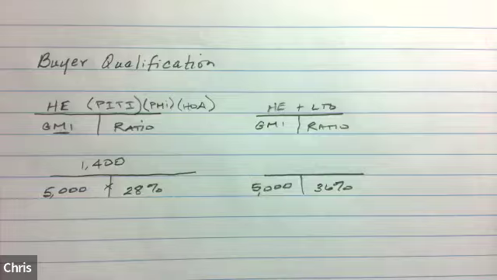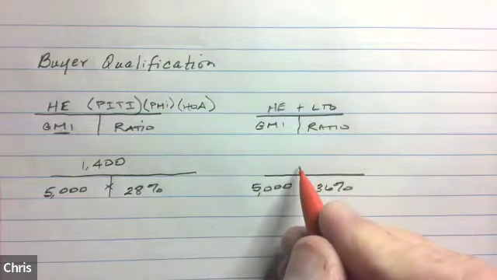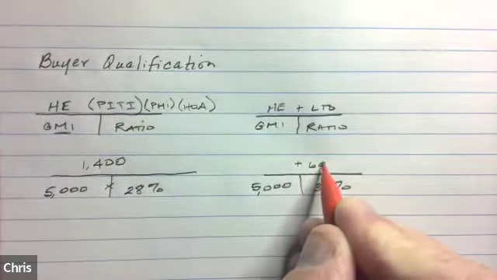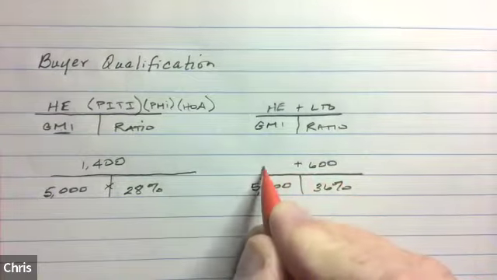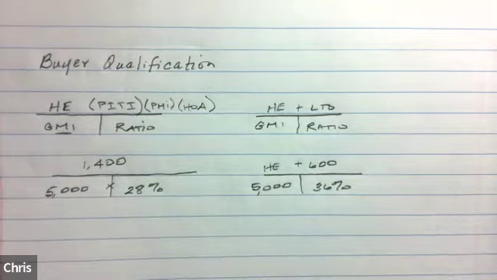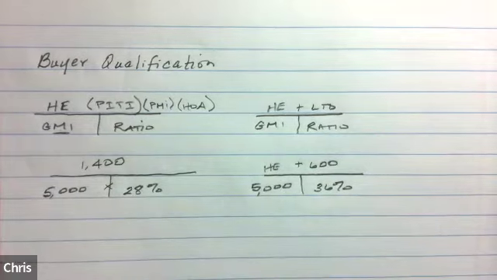Let's say in this particular case that this person has $600 a month in long-term debt. Maybe it sounds to me like a car payment and a student loan payment. So down here, if we were looking for the housing expense, we would have something that ultimately looks like this.